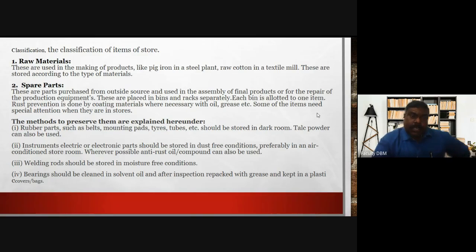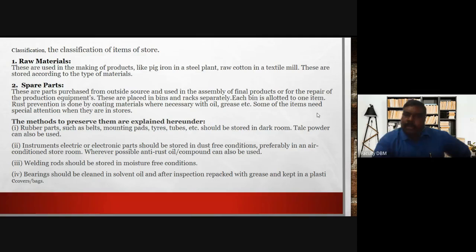Instruments, electric or electronic parts should be stored in a dust-free condition, preferably in an air-conditioned room where possible. Anti-rust oil and compound can be used. Electric and electronic items easily come in contact with moisture and become rusty.